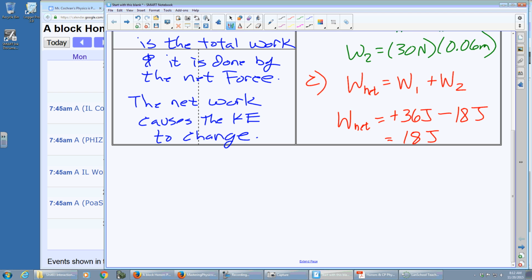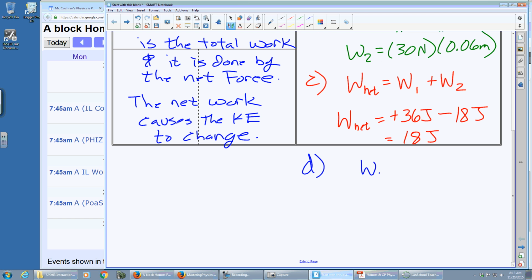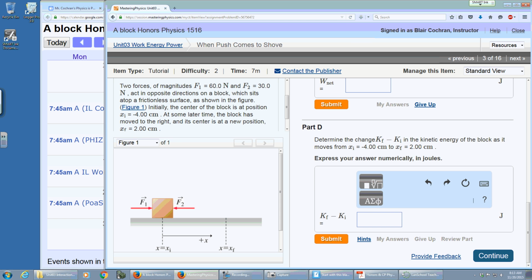And then going on to part D, I'm going to use from my equation sheet here again, that W net is a change in kinetic energy. And then looking at my problem, they want to know, determine the change in kinetic energy.